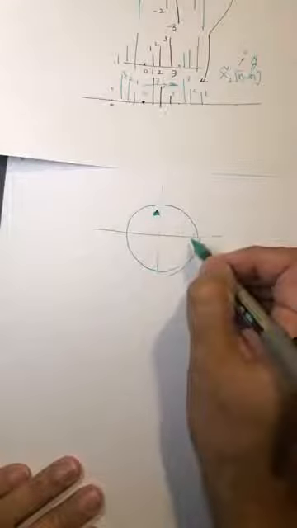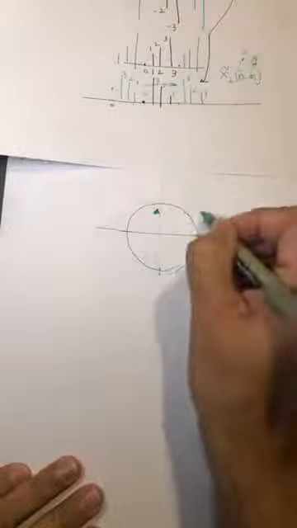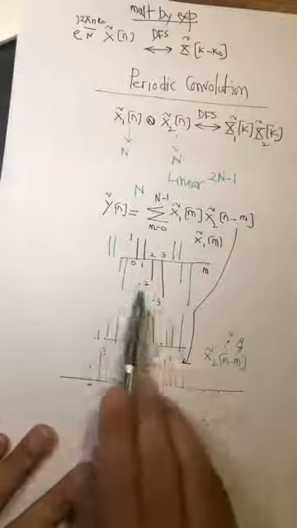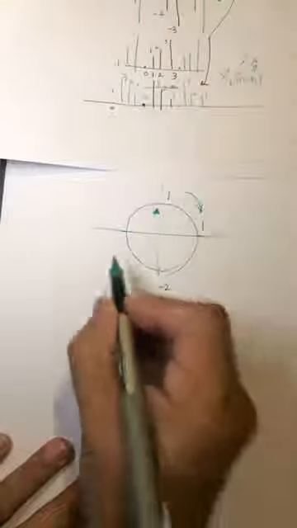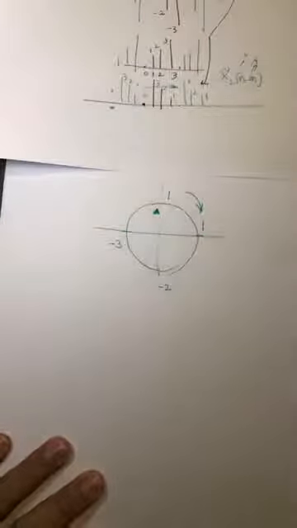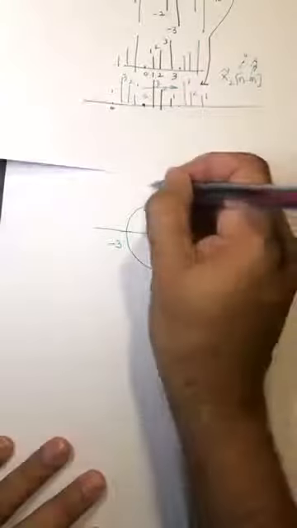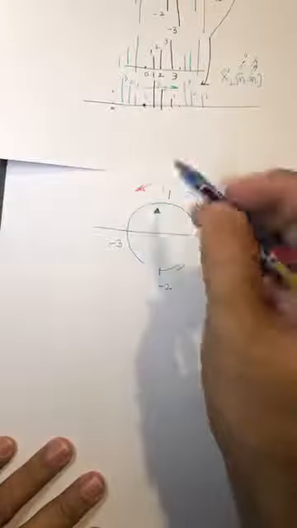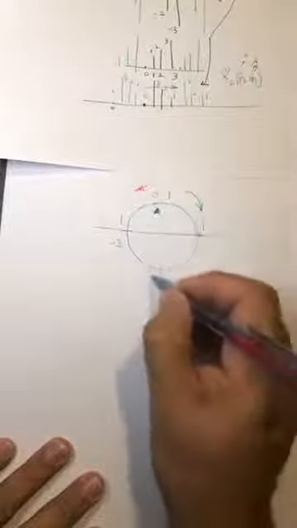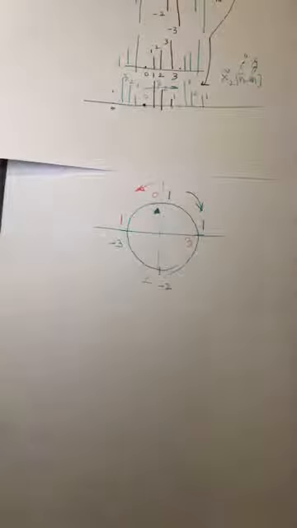You put one signal, the signal which you are not flipping, in clockwise order: 1, 1, minus 2, minus 3. And the other signal, the one which you are flipping, you write in the other direction: 0, 1, 2 and 3. That is very simple. So this is how you are going to calculate a circular convolution.